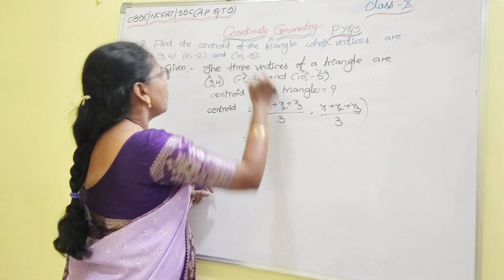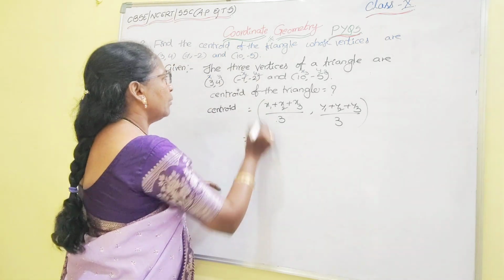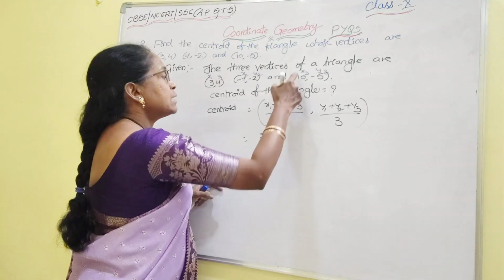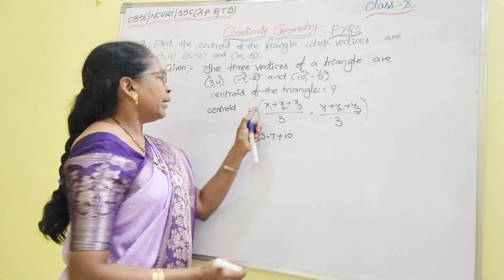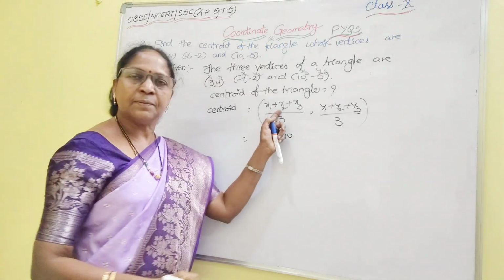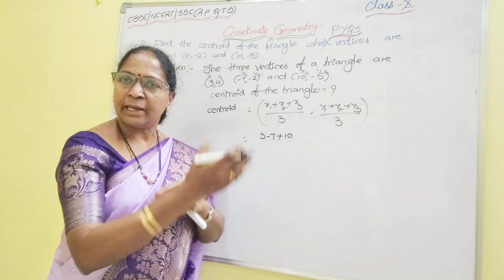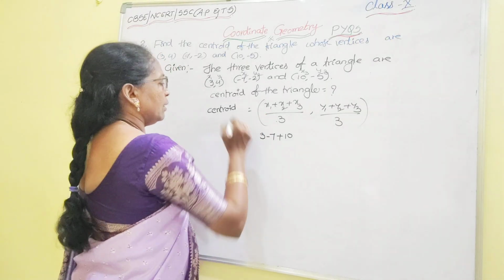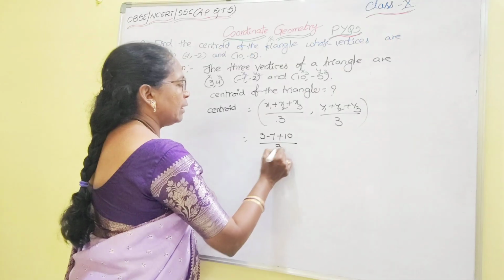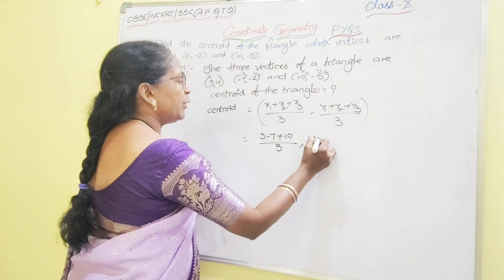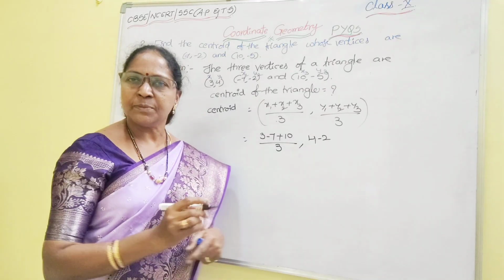Now substitute the values. X1 equal to 3, X2 equal to minus 7, plus X3 equal to 10. Whenever plus is in between the terms, then easily you can get, no issue. But whenever minus is there, then carefully write down. So directly divided by 3, comma, y1 equal to 4, plus y2 means minus 2. Plus of minus means you will get minus only.